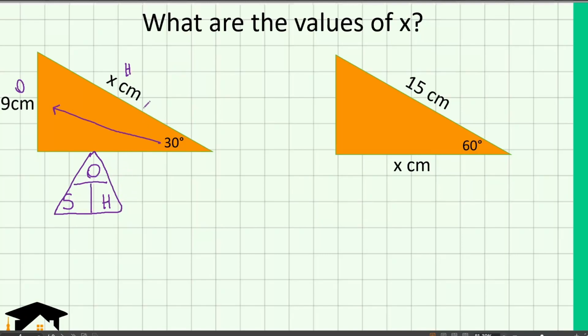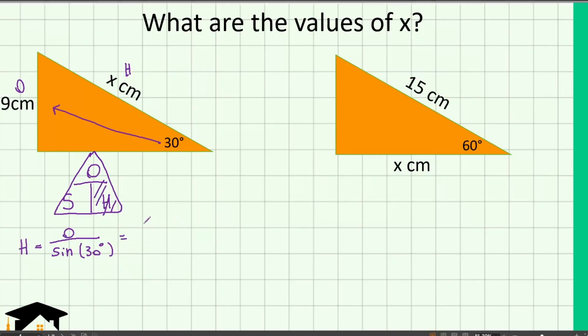So if I cross out the hypotenuse, that is the value that we want to find, we get that we have to solve the opposite divided by the sine of 30. So the hypotenuse is going to be the opposite divided by the sine of 30.